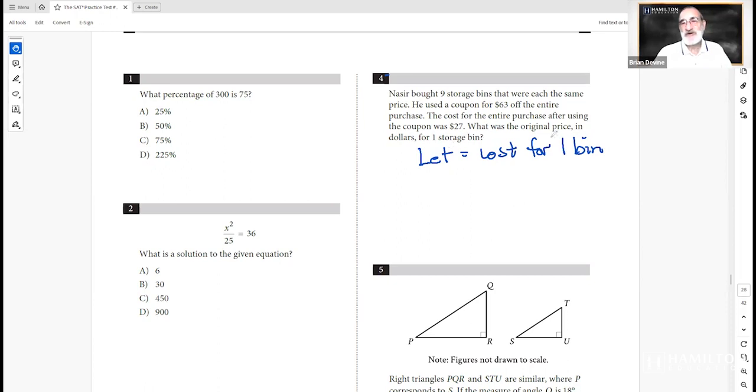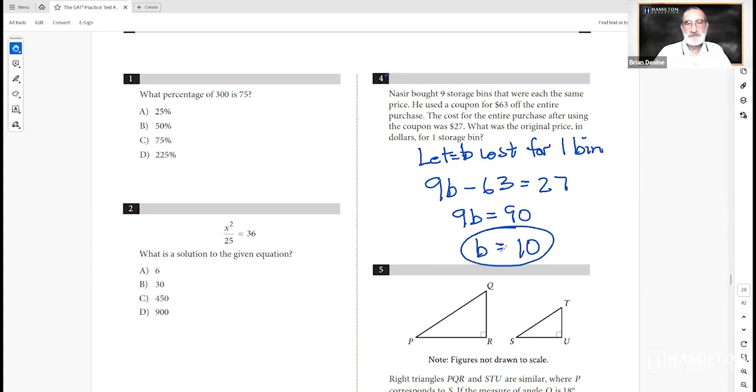The question asks for the cost for one bin. So B, there it is. I know that he bought 9 bins and he got 63 bucks off and he ended up paying $27. So 9 bins must have originally cost $90, which means that one bin, if I divide both sides of that by 9, would have been $10. So 10 is the correct answer.